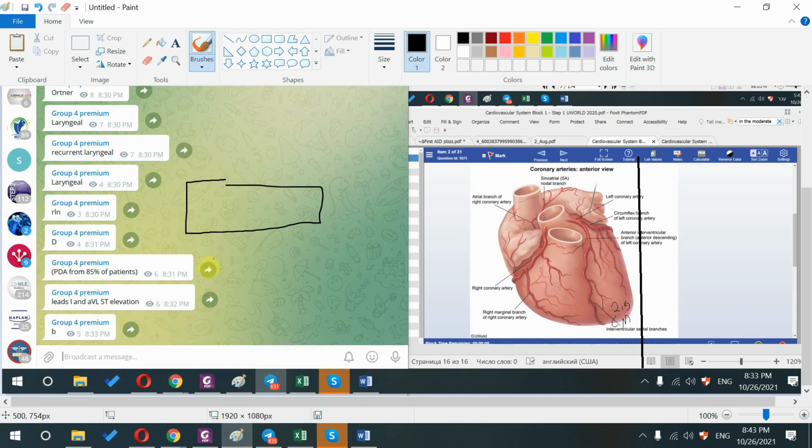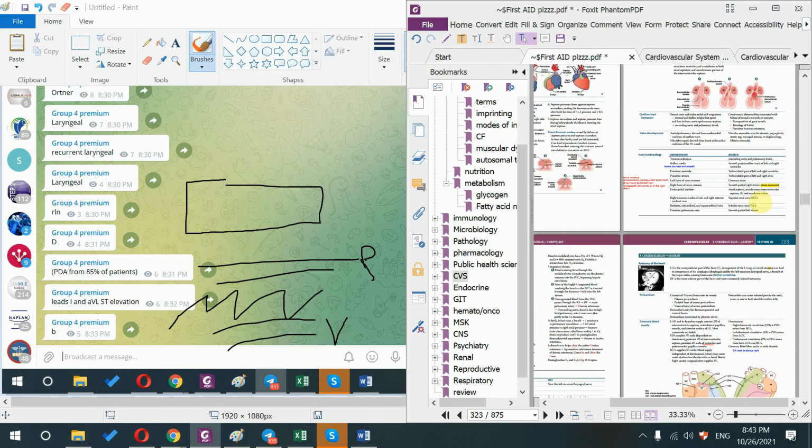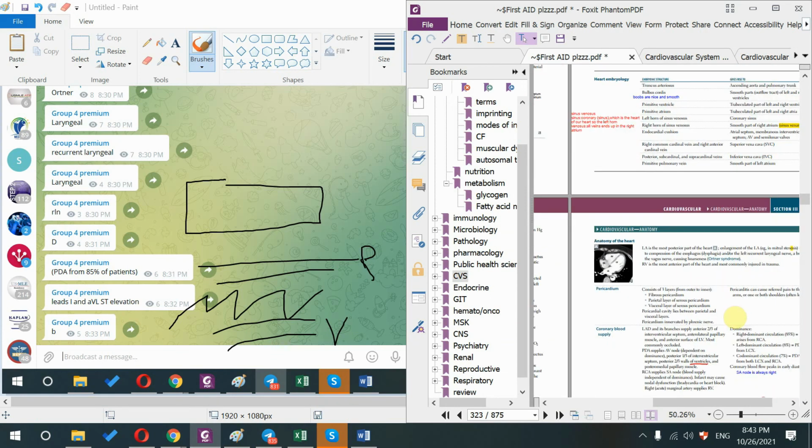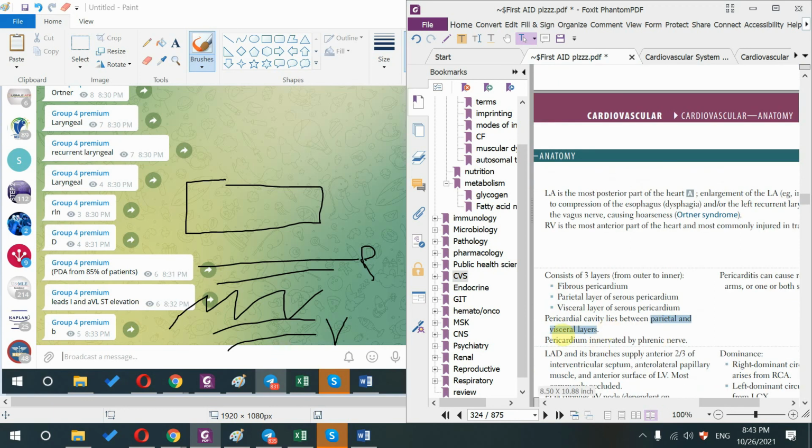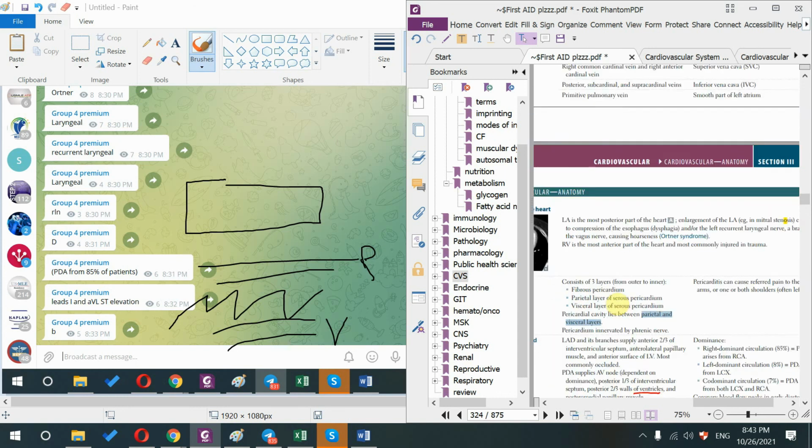And then it has 2 serous layers, one we call parietal, one we call visceral. Between them is the cavity, okay? So you can see even in First Aid it's written here. The cavity lies between the parietal and the visceral layers, okay? The fibrous layer is attached to, and connects with, the parietal layer of the serous pericardium.